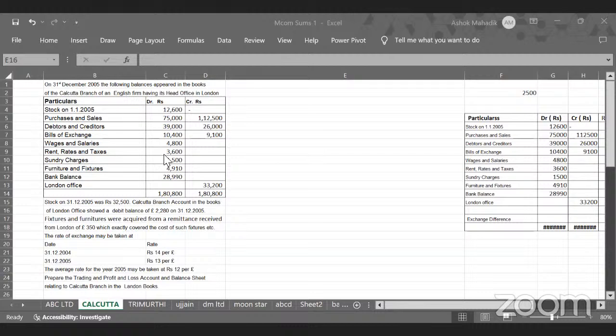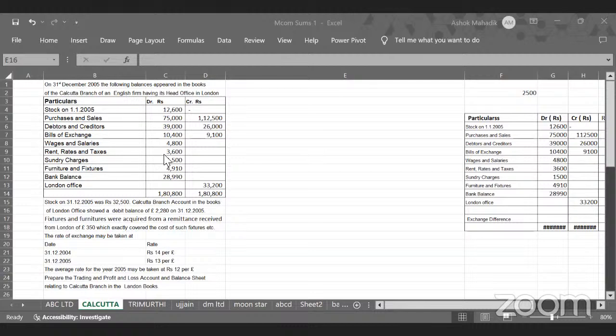Furniture and fixtures: for furniture, fixtures, or any other fixed asset item, they will provide you the exchange rate prevailing on the date of purchase of that fixed asset. Let me go through. See the third line: fixtures and furniture were acquired from a remittance received from London of 350 pounds, which exactly converted to the cost of such fixtures.